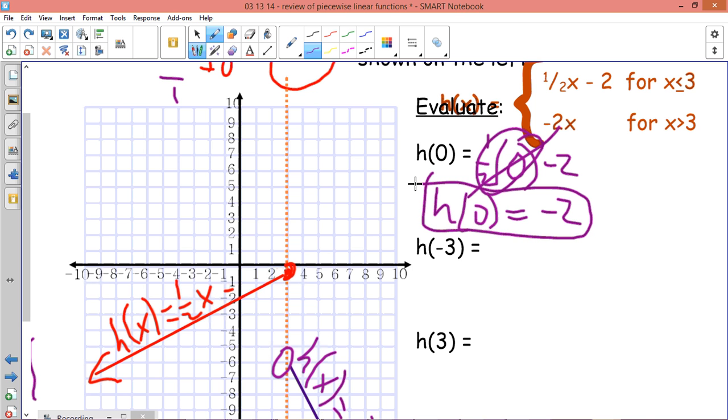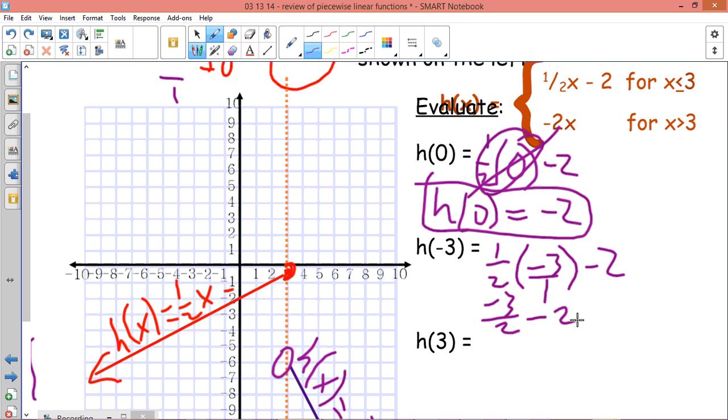H of negative 3, again, negative 3 is going to be less than or equal to 3. So I'm going to use the same equation. H of negative 3 is 1/2 times x, which is now negative 3, minus 2. 1/2 of negative 3, there are no common factors, so I just multiply across. I get negative 3 over 2 minus 2.